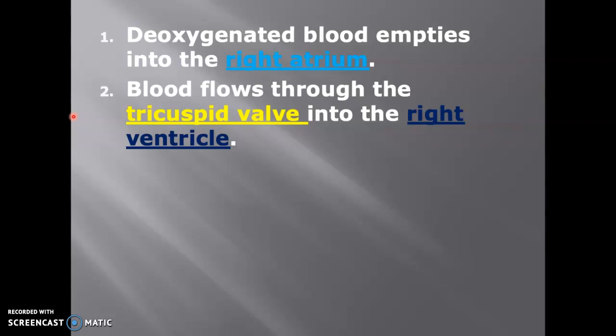So from the right ventricle, blood then has to be pumped out. Remember, ventricles are more muscular, stronger, can generate more force than atria. So from the right ventricle, blood is pumped out, and because blood is leaving a chamber of the heart, it has to go through a valve.